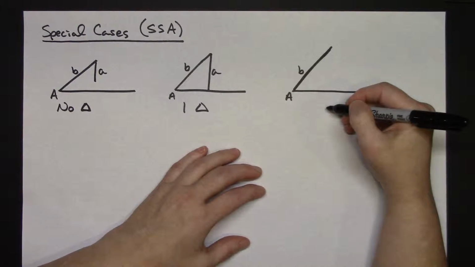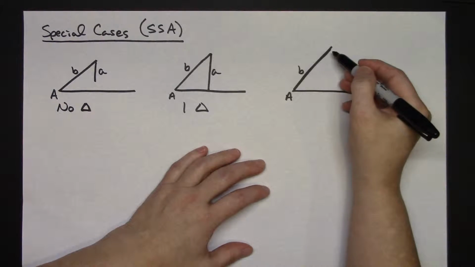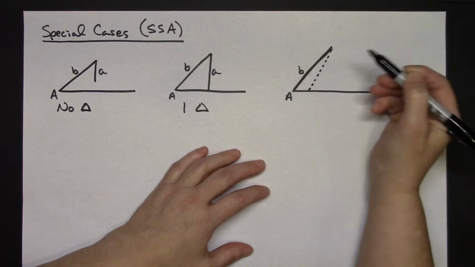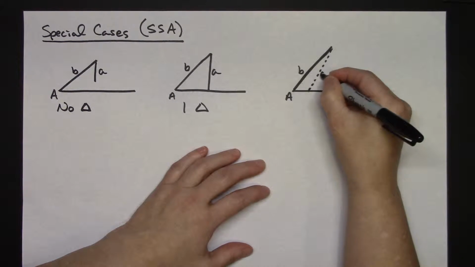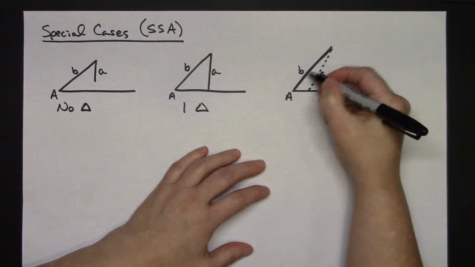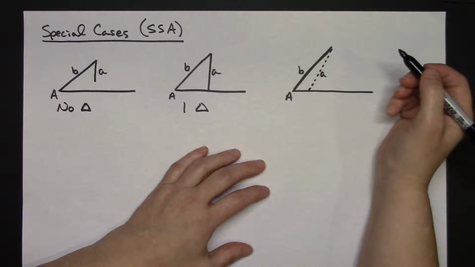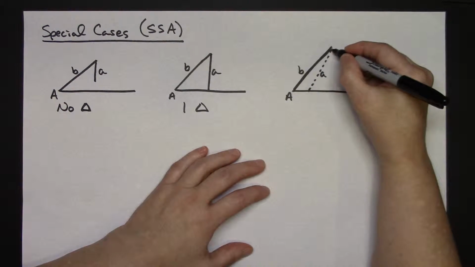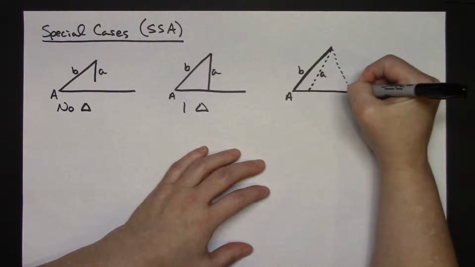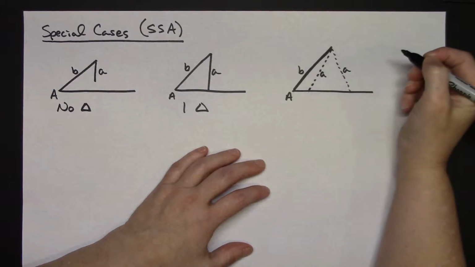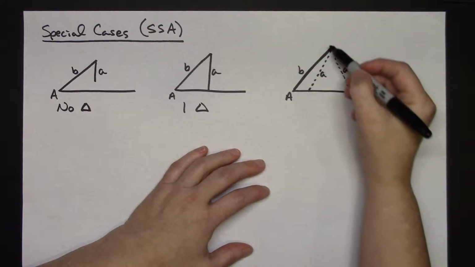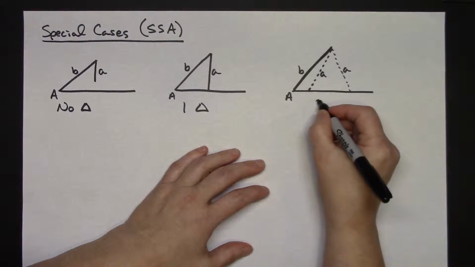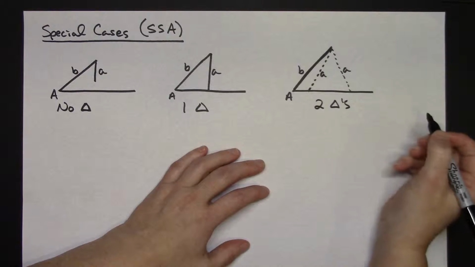So you would have to come up with something else. Well, if I angled it this way, I might be able to find the exact amount right there that would work, in which case it would be an obtuse triangle that would be formed. Or if I didn't move it to the left, I could move it to the right, exactly what I needed it to be, so that it would be the right length, in which case I would have formed an acute triangle. So in this scenario, you get two different triangles.